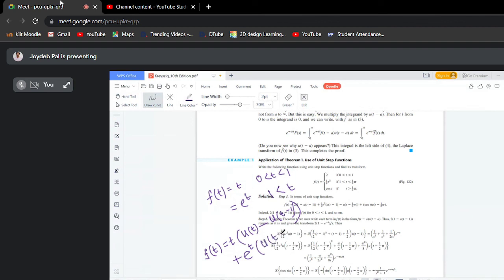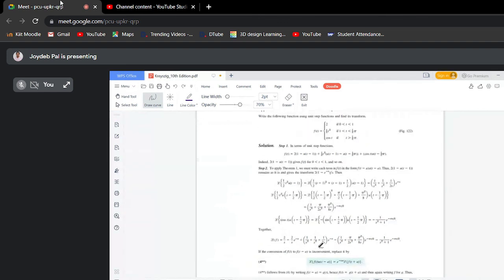This. So that is the way to represent a piecewise function as a single function in terms of the Heaviside function.